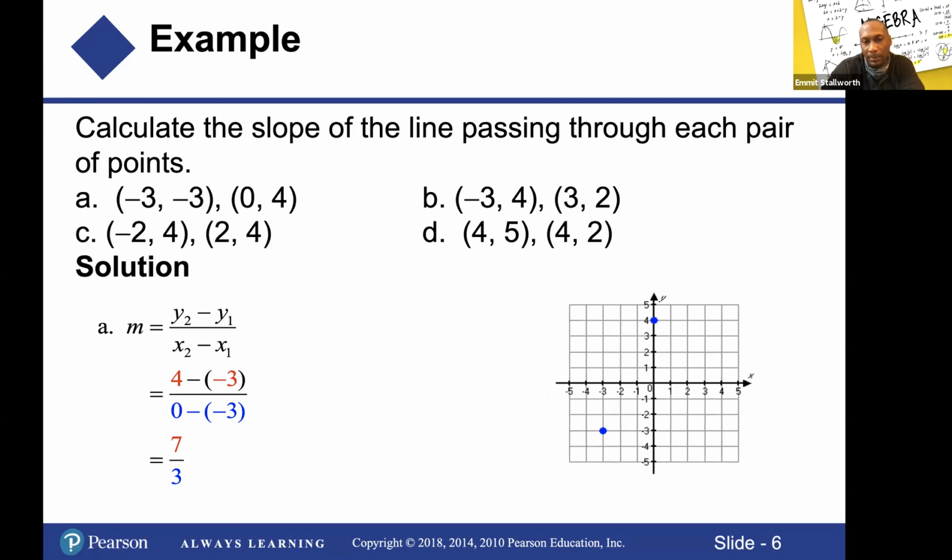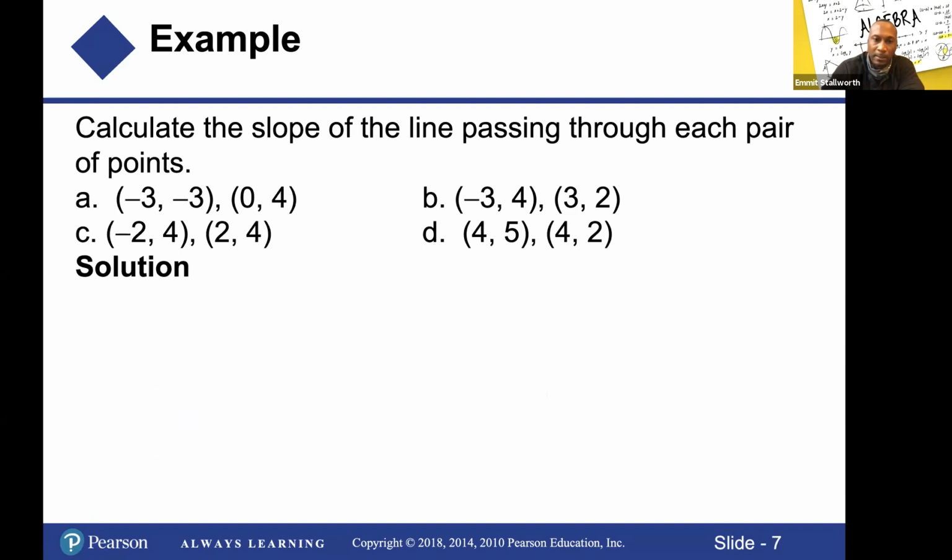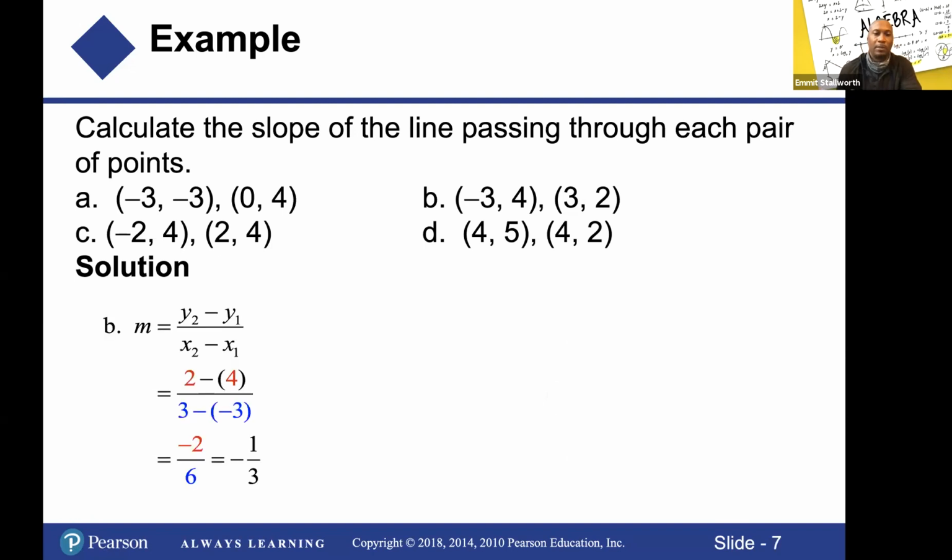So if you graph that other one, they plotted the points, and you can actually see the slope and see how it looks on that first one. So sometimes this is good, just to make sure. This is the other one with the negative slope.